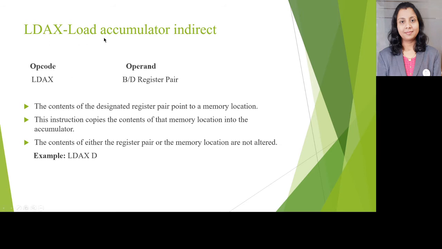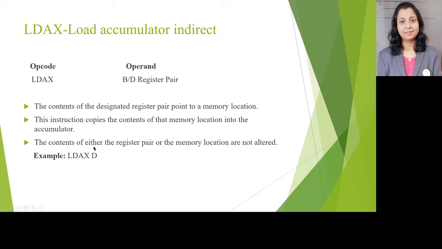LDAX, that is load accumulator indirect. The opcode is LDAX, operand is a B or D register pair. It can be the BC or DE register pair. The contents of the designated register pair point to a memory location. This instruction copies the contents of that memory location into the accumulator.